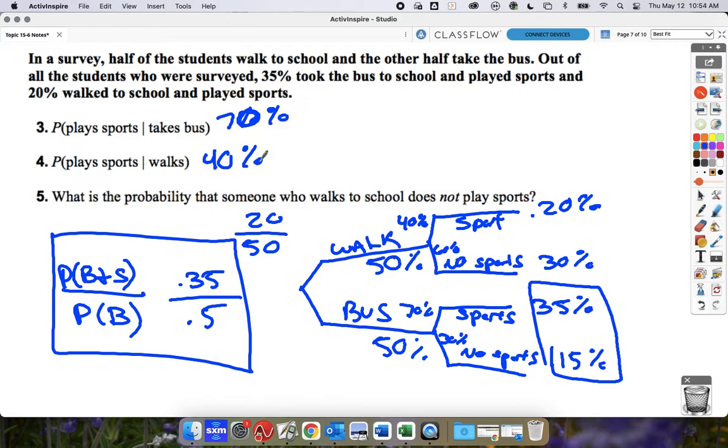What is the probability that someone who walks to school does not play sports? 60%. Wait, 30%?